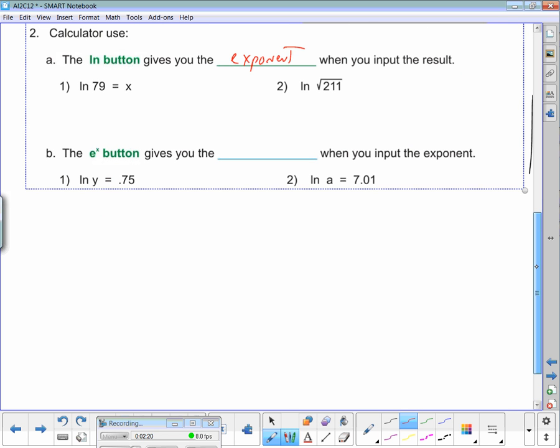If you look at example number 1, and it always pays, just for your thinking, to convert this to what it is. This is e to what power equals 79. Not that you need to do that, it's just for your understanding.